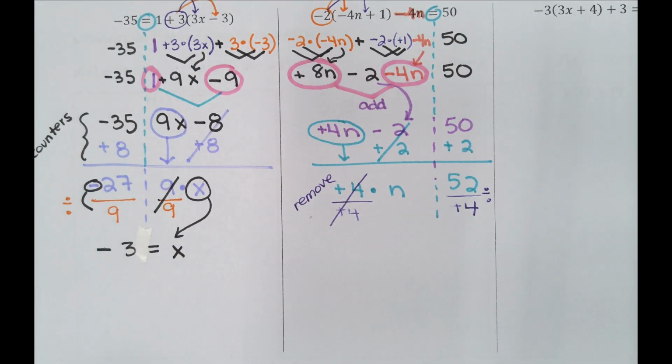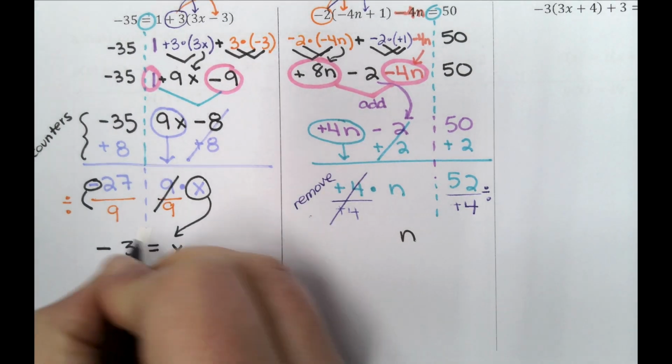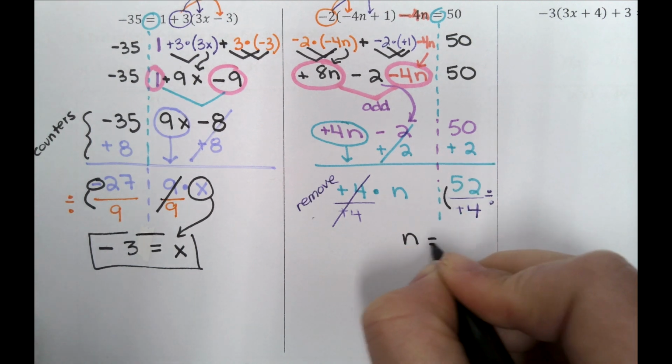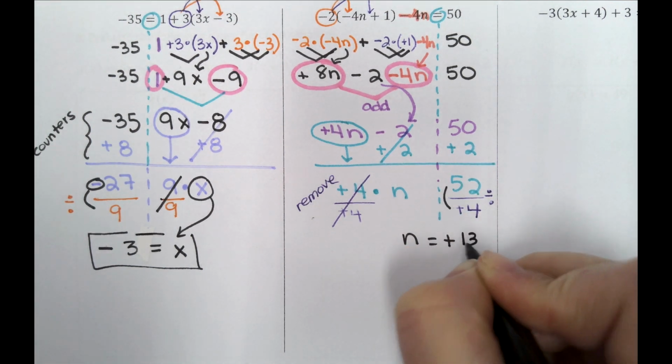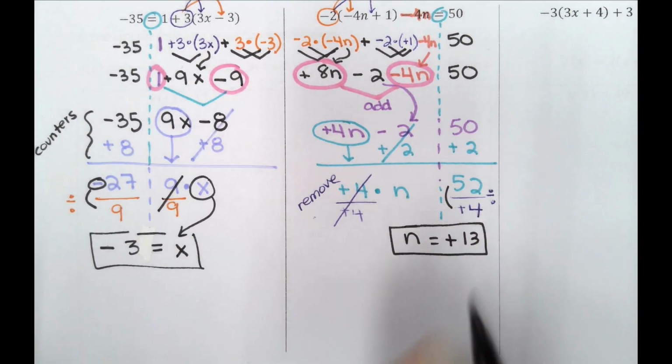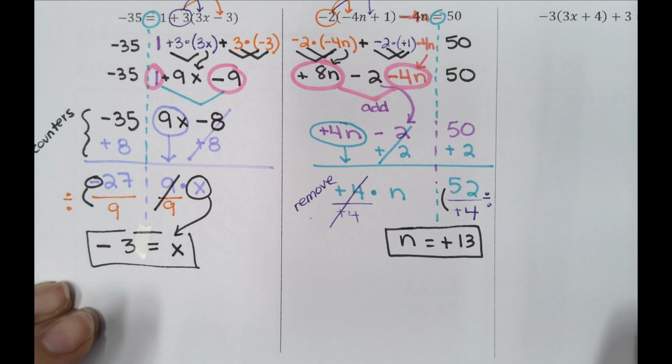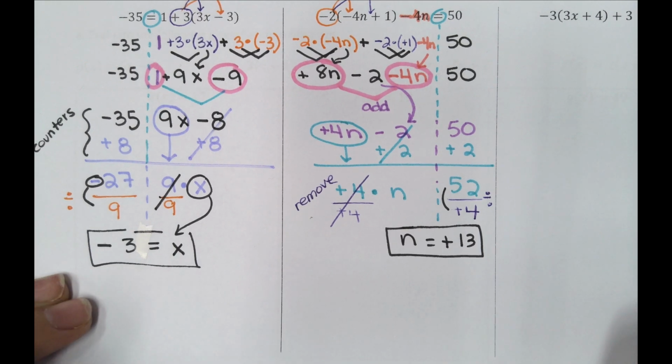And if we take a look at our multiplication table, now 52 and 4 gives us 13. We have to ask ourselves, are these same symbols or different symbols? And these here are both positive, so we're going to do a positive 13. Okay, let's go ahead and move on.